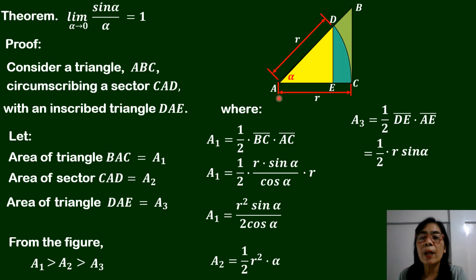So substituting the values, that's R sine alpha. And we have cosine alpha is equal to AE over R. Solving for AE, we have R cosine alpha. That gives us A sub 3 is equal to 1/2 R squared times sine alpha times cosine alpha.